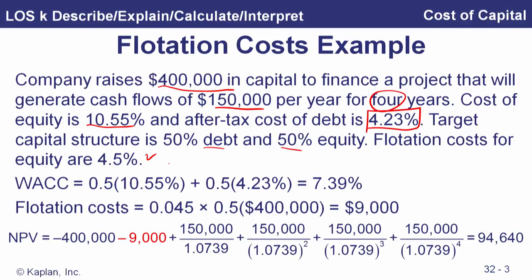So now we subtract that $9,000, and we make our initial cash outlay not minus $400,000, but minus $409,000. And then the present value of those future cash flows is unchanged. So add those flotation costs to your project costs, your initial outlay. And that is the correct way of handling flotation costs.